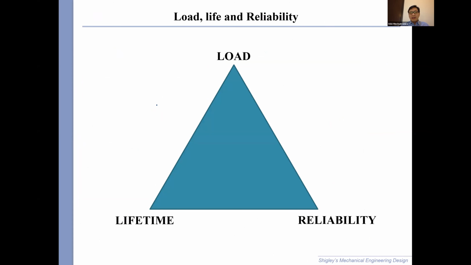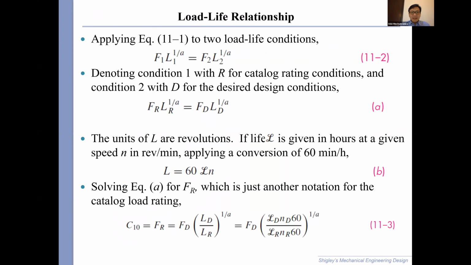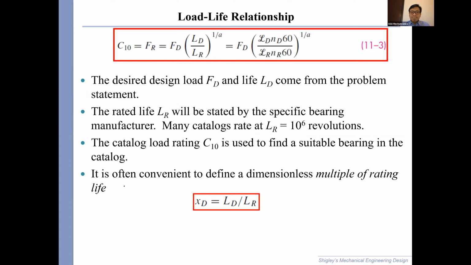If I have a C10 of 6.89, and my load is 10, then the lifetime is going to go down. If I load it with 5, then the lifetime is going to go up. By how much is the question, and here comes the equation. Look at the top equation.